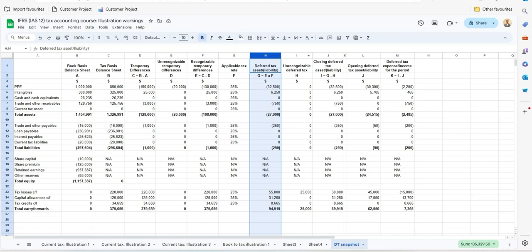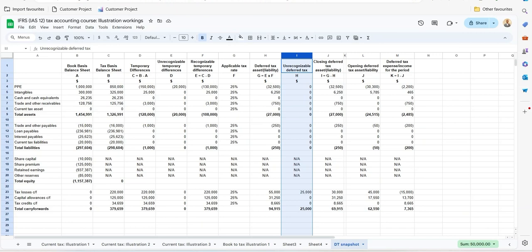Straightforward. And again, when you calculate your deferred tax asset or liabilities, not all assets or liabilities are recognizable. So liabilities will always be recognizable, but assets may not be recognizable. I'll talk about those principles again, much later from now. But it's okay to know that there are deferred tax assets that may not be recognizable.